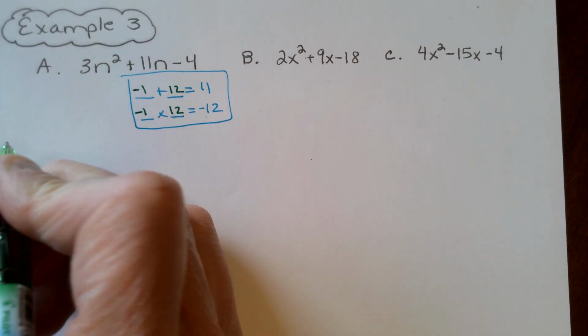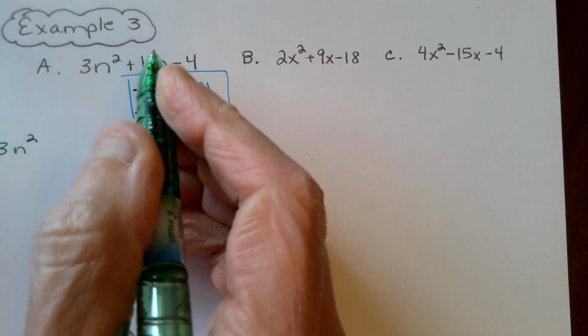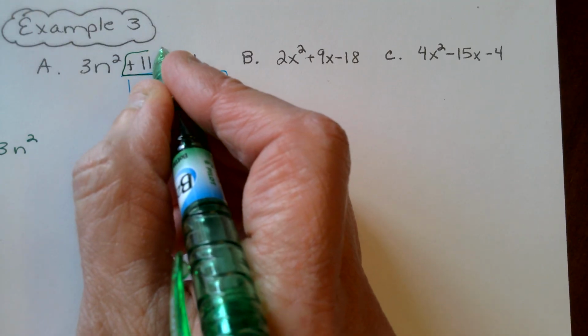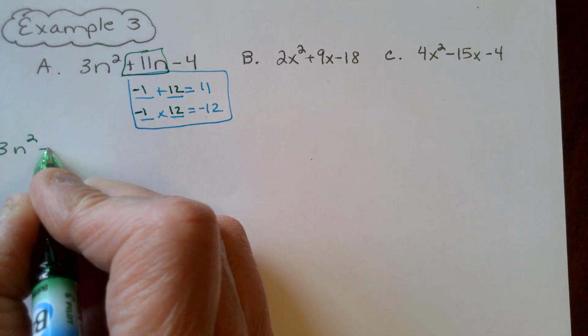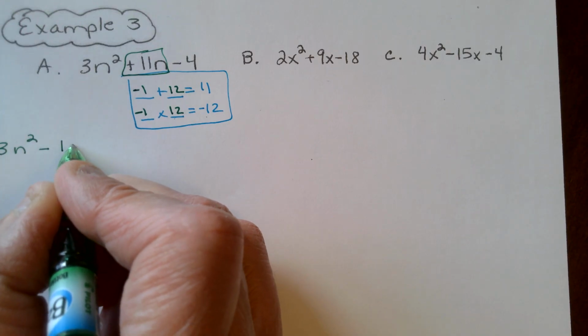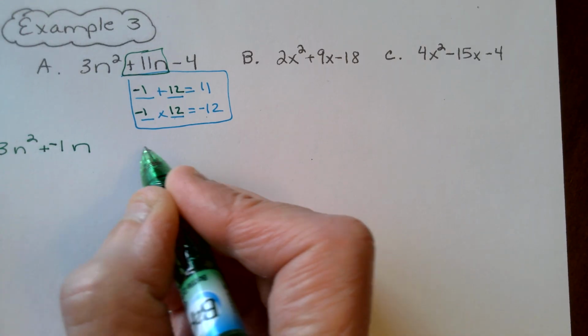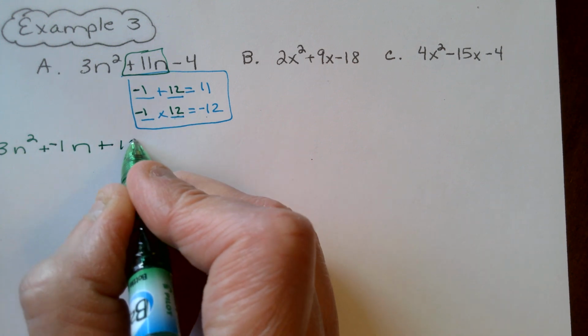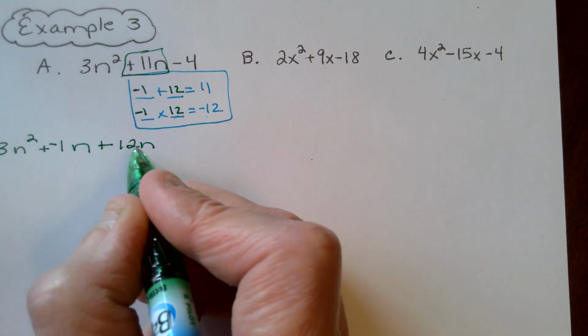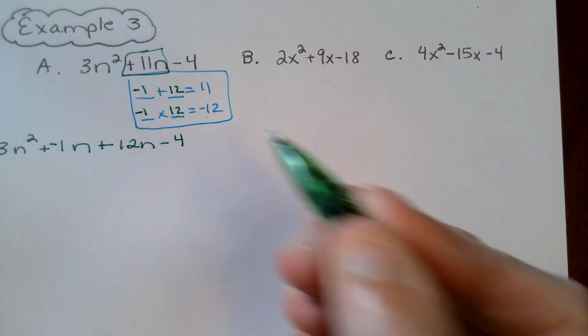So now I'm going to rewrite it, 3n to the second. I'm going to rewrite this middle term with this. So I'm going to put minus 1n, or you could put plus and negative, that's fine, plus 12n, I didn't forget my n's, minus 4.